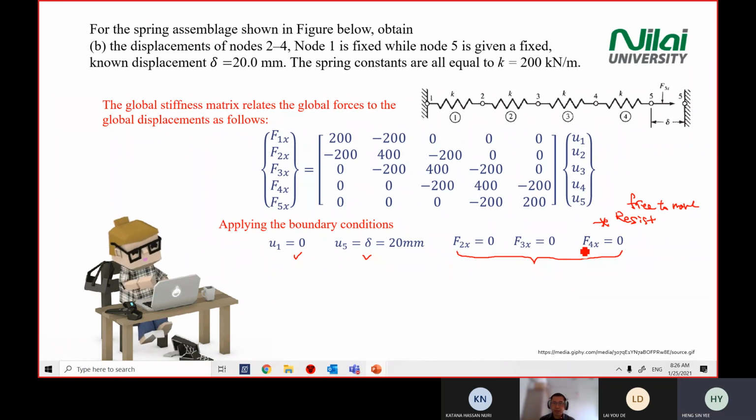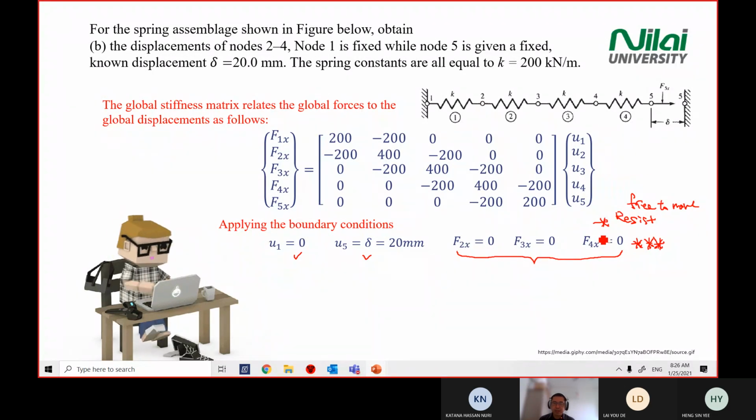Again, this is a very famous question when it comes to exams. If the point is free to move, the global force at that particular point is 0. Of course, in the exam, there might be a section asking you why we assume value 0 at that particular point.